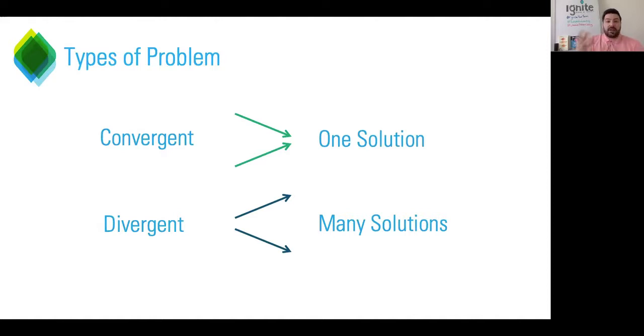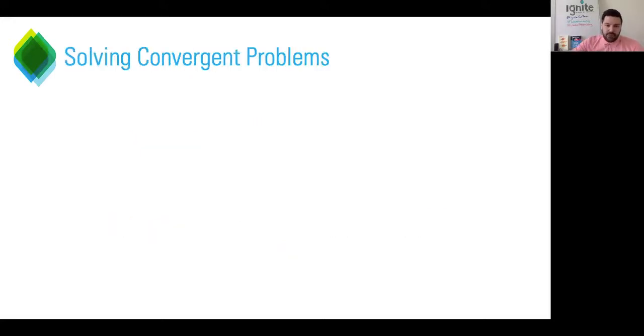The way in which you go to work, if you're currently going to work, there is more than one solution to get there. So it's a divergent problem. Which way you think is best requires you to go through a number of steps. So what I'm going to do today is briefly cover convergent problems and how you can solve those more effectively. And then we'll go into divergent problems so that you can get some key aspects about that.